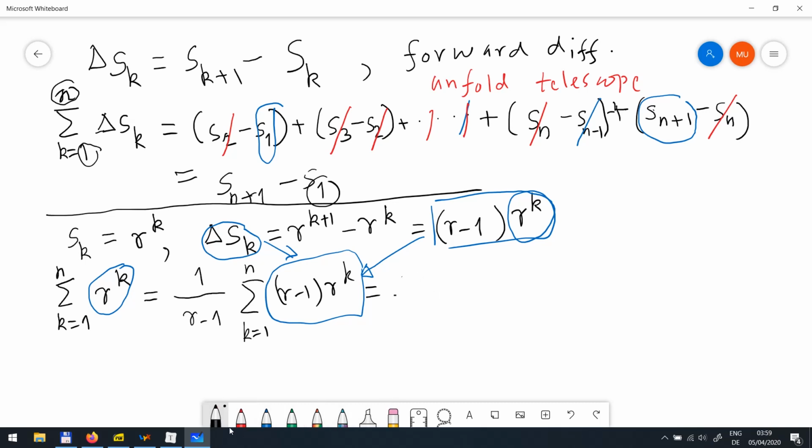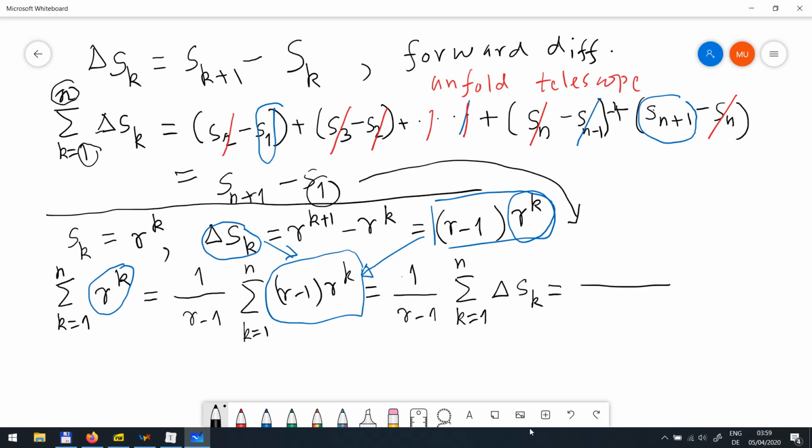I have achieved so far that R minus 1 is not going anywhere, and I have been successful in writing that the original sum is a telescoping sum, a sum of finite differences. And I know the answer to that. The answer to that is of the same form.